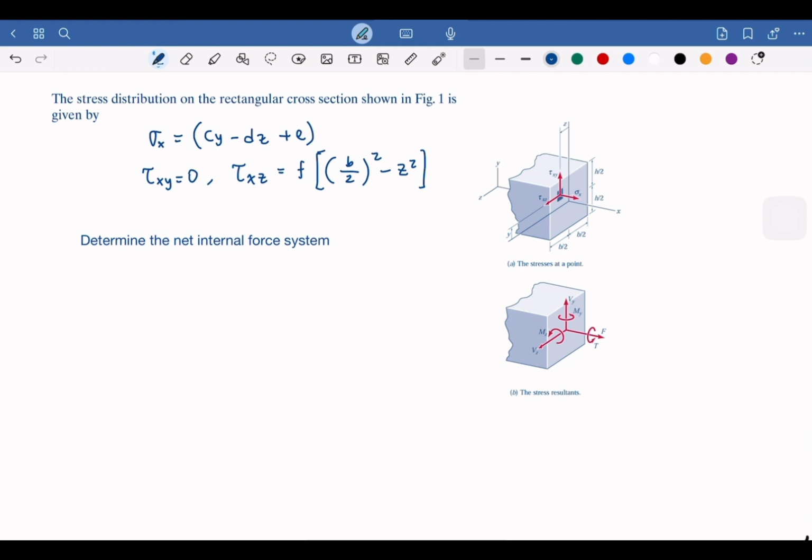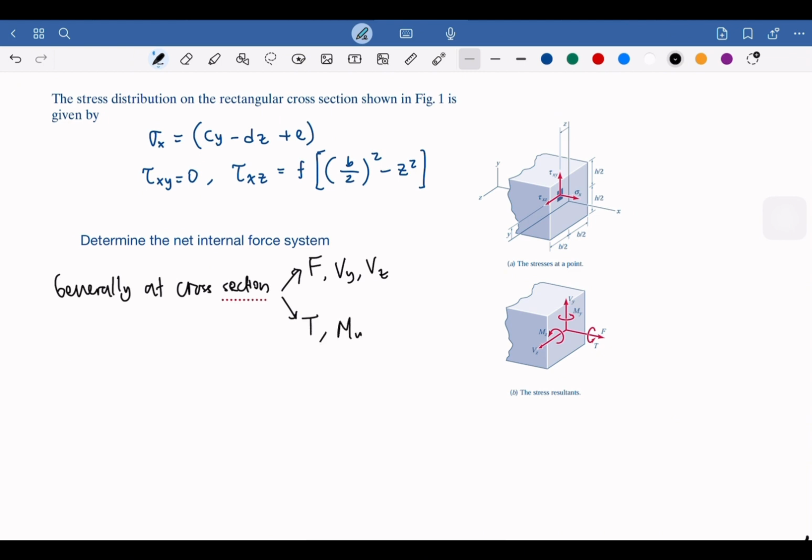So there will be, generally, at the cross section, we could see there is V, Vy, Vz for the forces, and for the moment we have torque, the My and Mz, the bending moments.